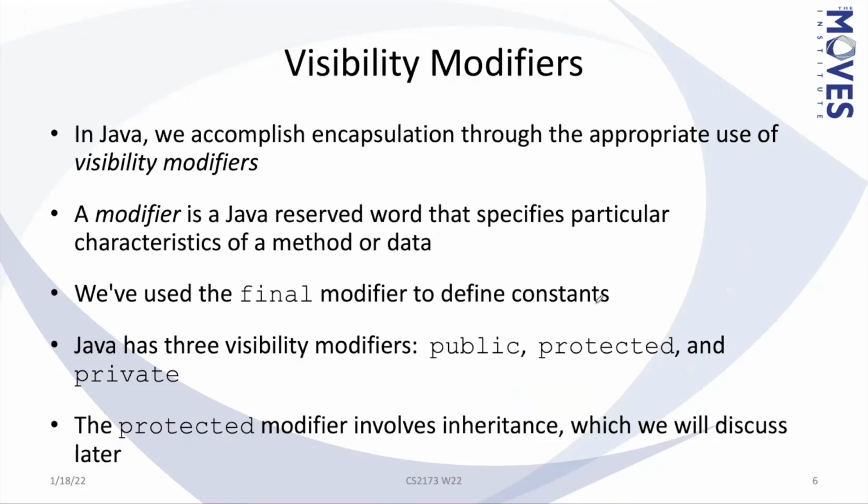So how is this maintained? When we write an object, how do we say, this you can see and this you can't see? That's what a visibility modifier is. These are Java words that specify a particular characteristic. We've seen the final modifier to define constants. For some reason the book likes to define constants as instance variables, which is fine.